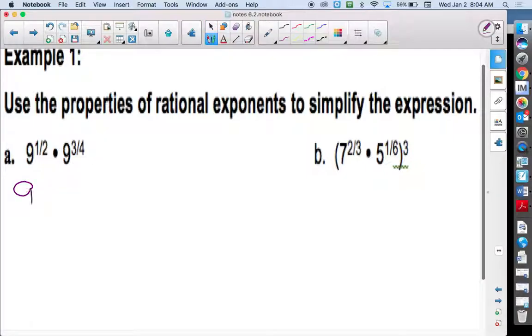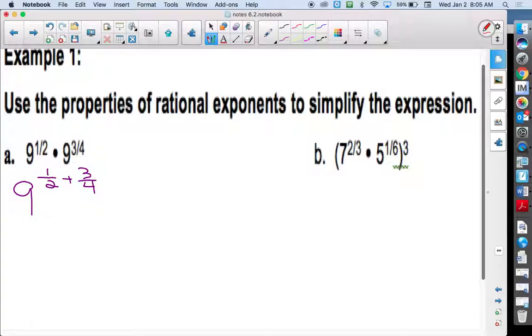So our goal is to add 1/2 and 3/4 together. You take the exponents, you add them together. How do you add 1/2 and 3/4 together? Abby? Yeah, we need to get a common denominator.